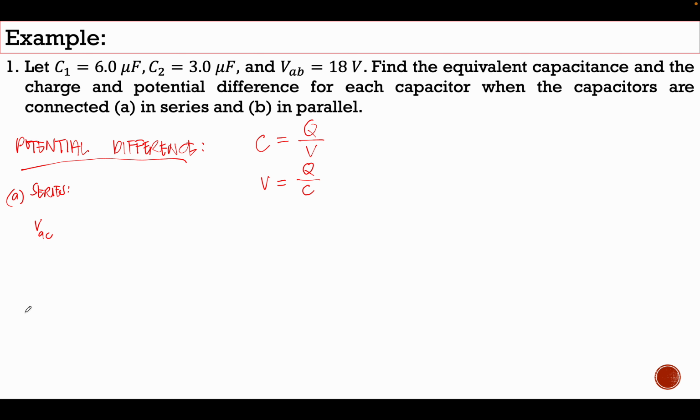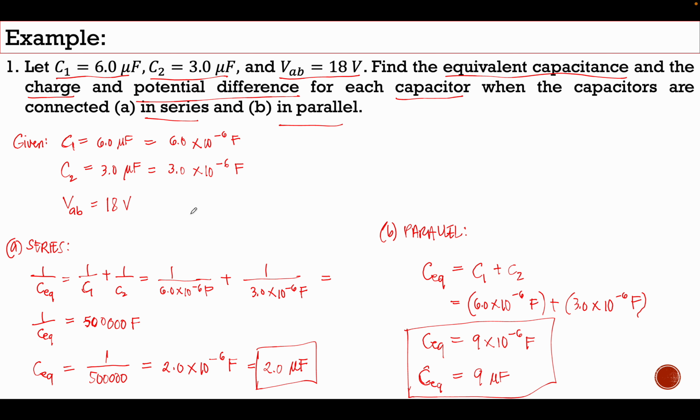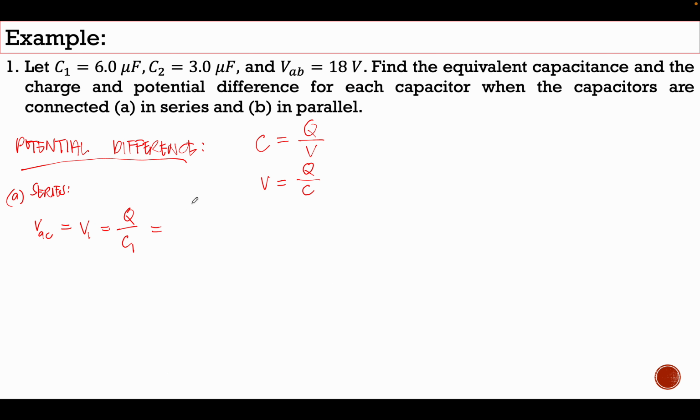So let's go back. VAC, or our V1, or the potential difference for the first capacitor, is equal to Q over C1. So we have our Q, which we used, 3 times 10 to the power of negative 6 times 18.